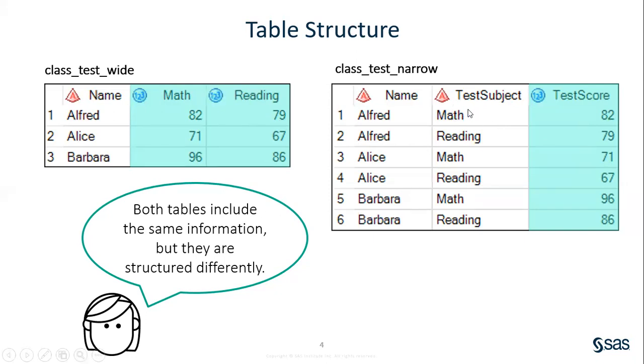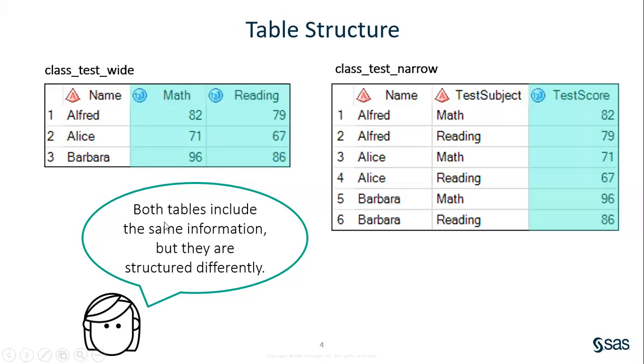You have two independent rows for each subject; this you have named test subject, and these values you have named test score, for maths and reading for each individual person. So the wide structured table has every individual's values in one row, but in the narrow structured one you are increasing the rows, so you have multiple rows for a single person depending on how many subjects and scores you have. Got it?